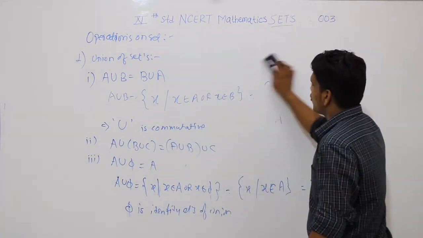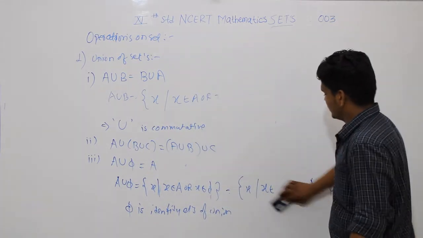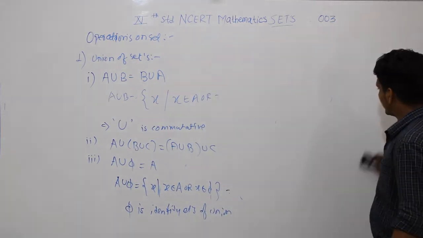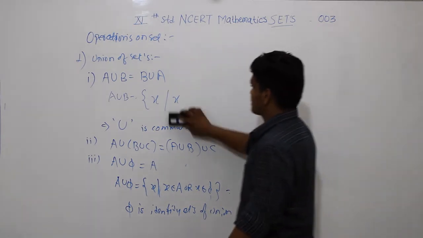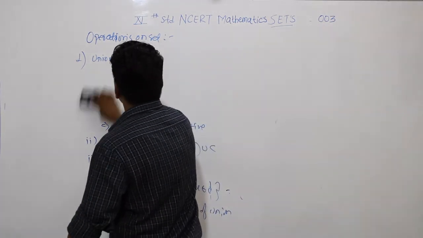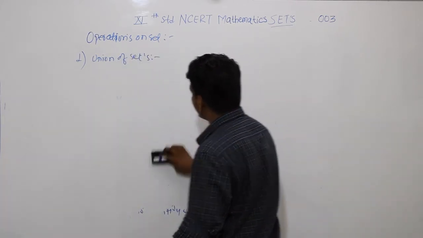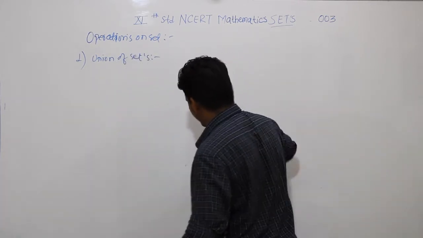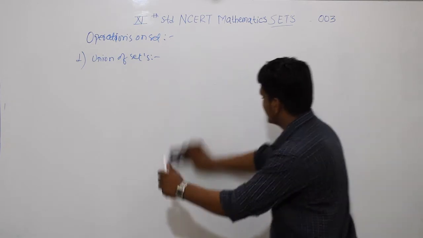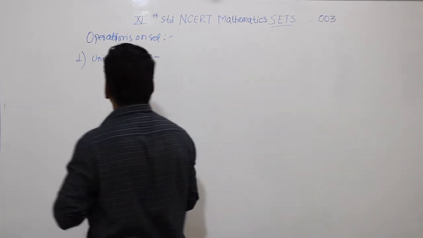Now we will see the fourth property. What will be your A union A? Can you imagine what A union A will be? For this we have to apply the definition only.